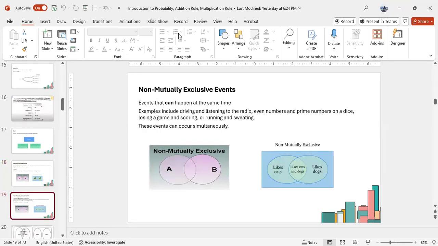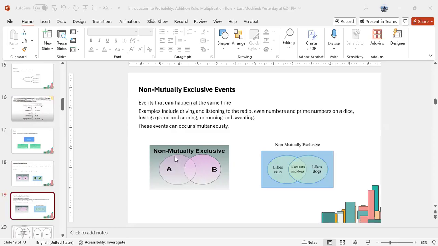Moving forward to the non-mutually exclusive events, these are the events that can happen at the same time. Examples include driving and listening to the radio, even numbers and prime numbers on a dice, losing a game and scoring, or running and sweating. These events can occur simultaneously.